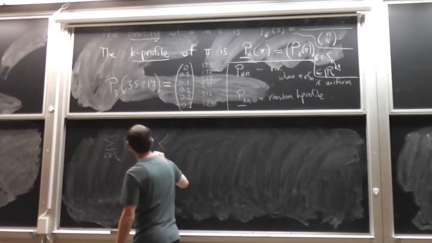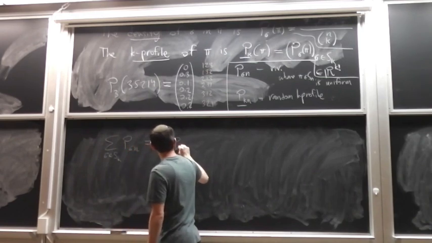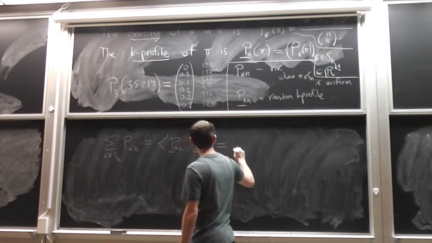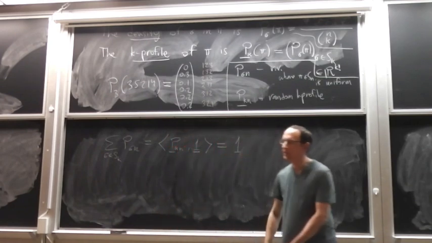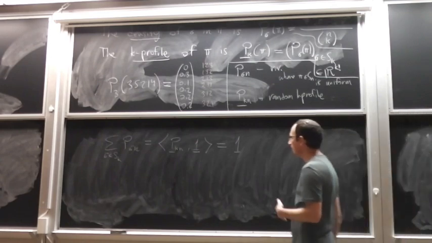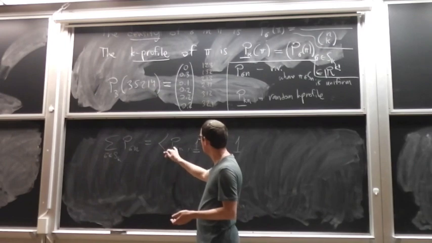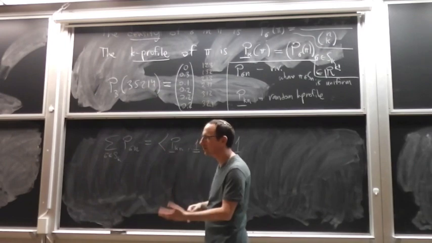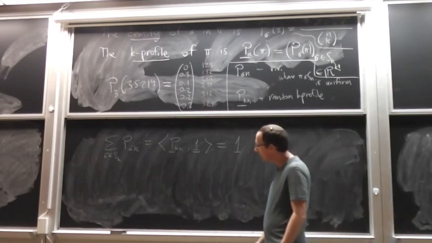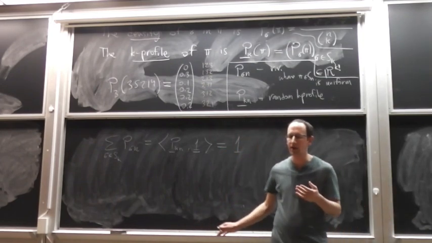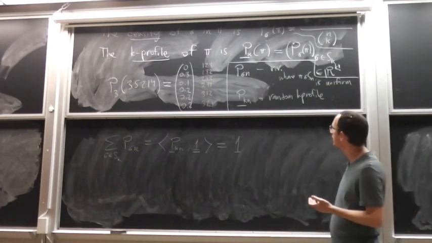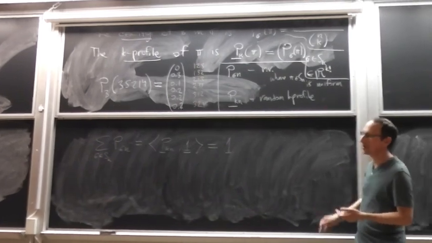Let me even write it differently. The inner product of Pkn and the all-1 vector is equal to 1, where the inner product is the usual inner product, the sum over A_i and B_i. And this means that the profile is actually restricted to a codimension 1 hyperplane in this space of K factorial dimensions.